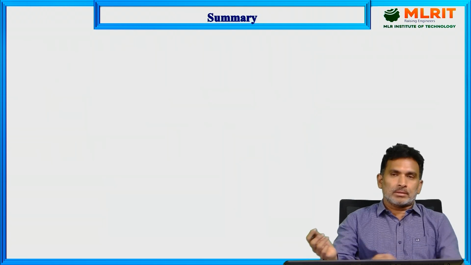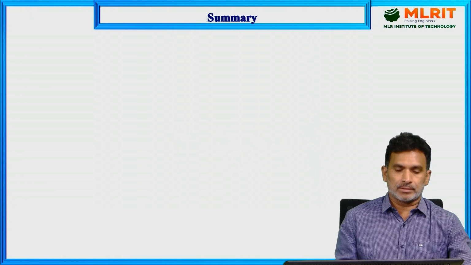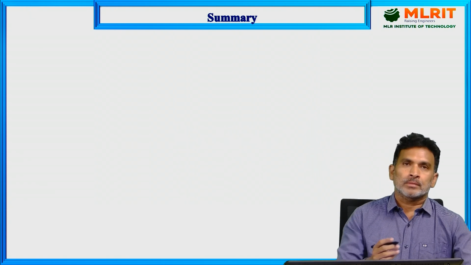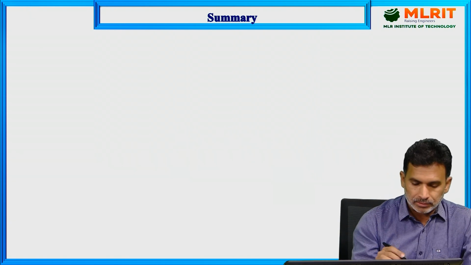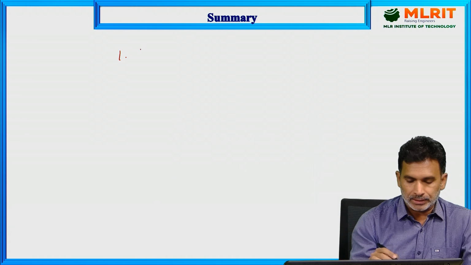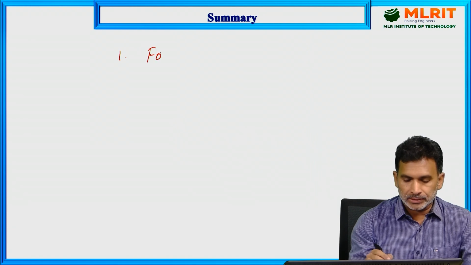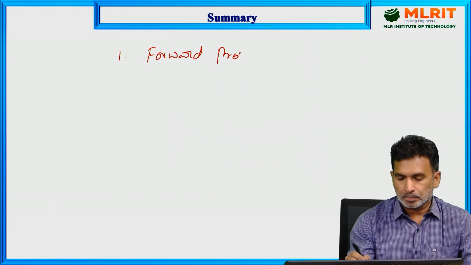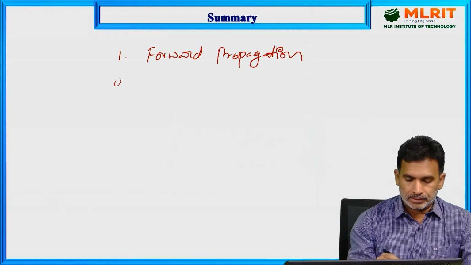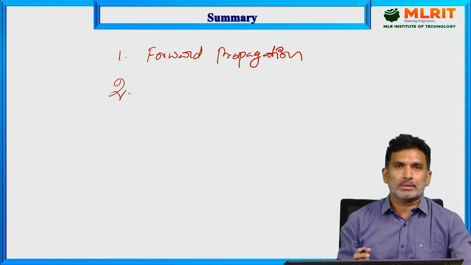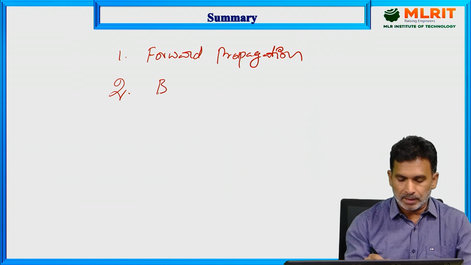So let us quickly summarize what we discussed in this lecture. Here we mainly discussed one concept, that is forward propagation. And second, another important concept, that is backward propagation or back propagation.